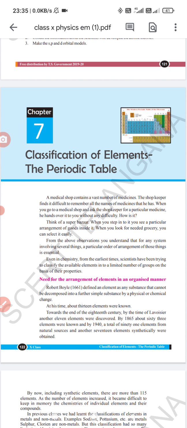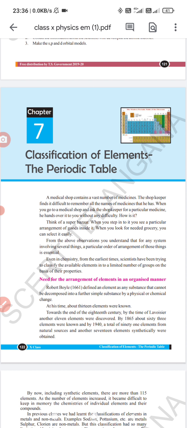How they are arranged, we will understand in the further chapter. This arrangement of all elements like hydrogen, helium, lithium, gold, silver, these all are elements, metals. Metalloids are there, non-metals. How they are arranged, we will understand in this chapter.